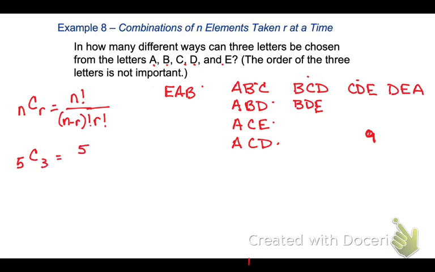So 5 factorial over 2 factorial, 3 factorial. How'd I get 2 factorial? You took 5 minus 3. So I have 5, 4, 3 factorial over 2 times 3 factorial. You can reduce that. So it's just 5 times 2, or 10.